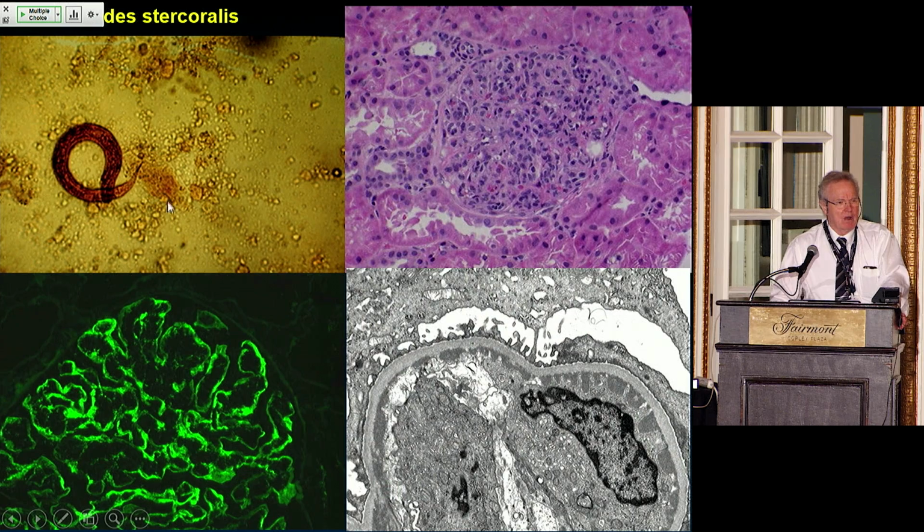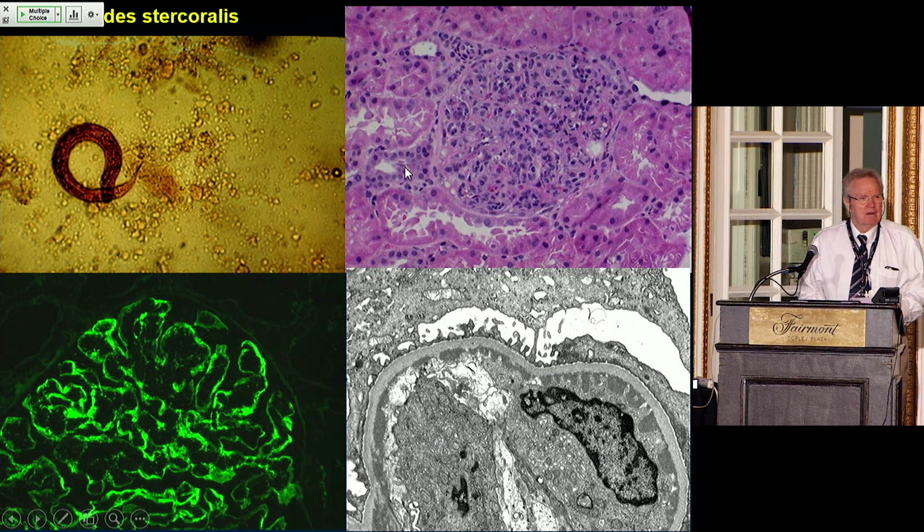So here it's a worm that is triggering the whole disease, with IgG deposited along all basement membranes in the inner aspect. And here you can see the electron microscopy, numerous subendothelial electron-dense deposits. Not a single hump is present in this particular case.